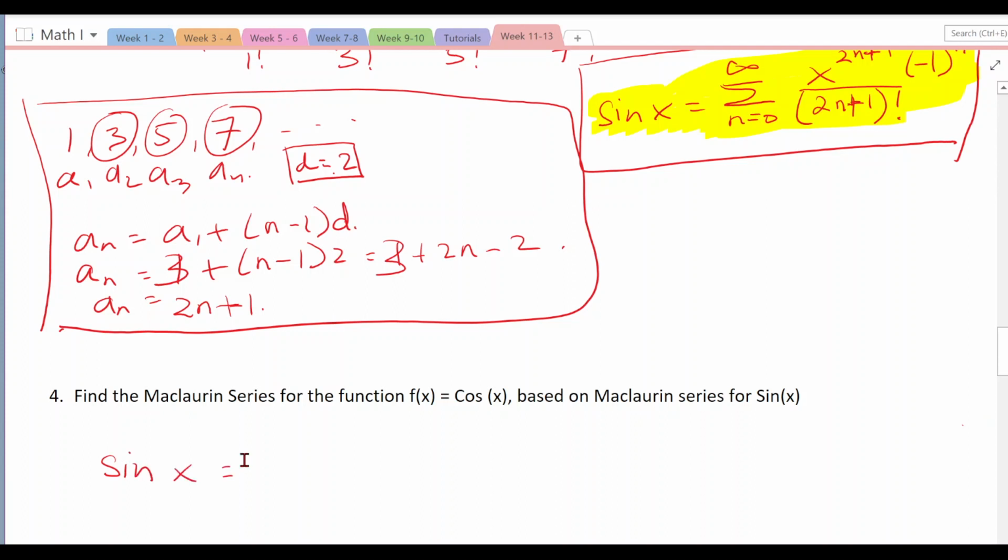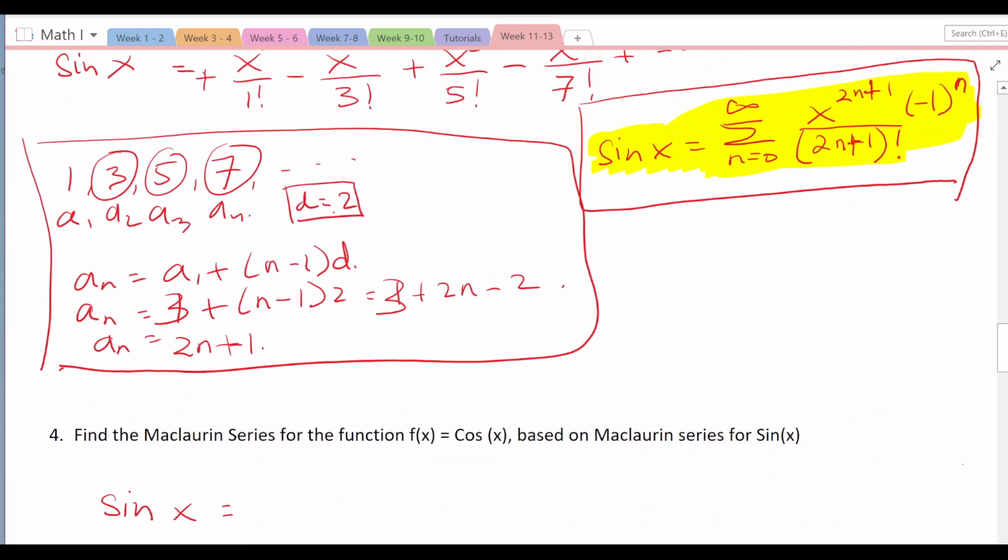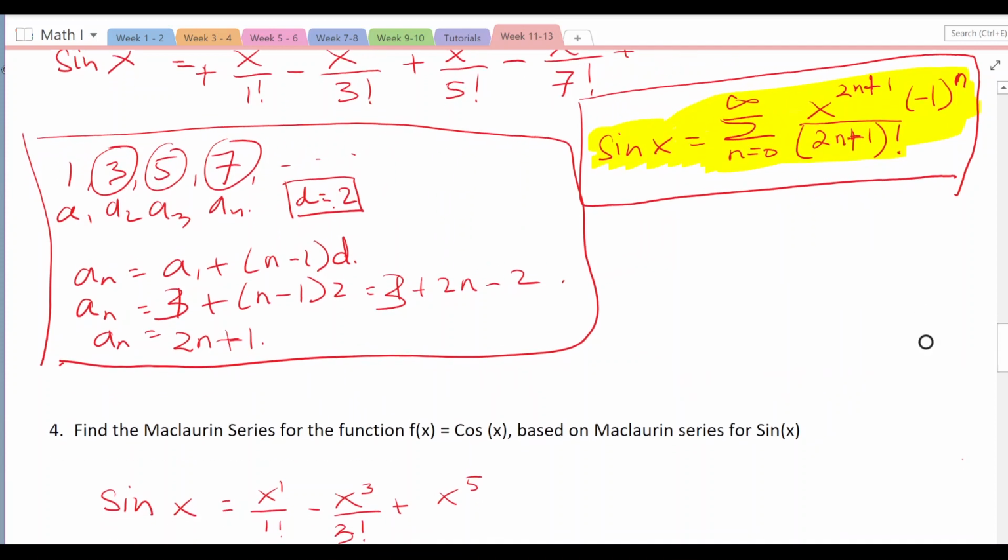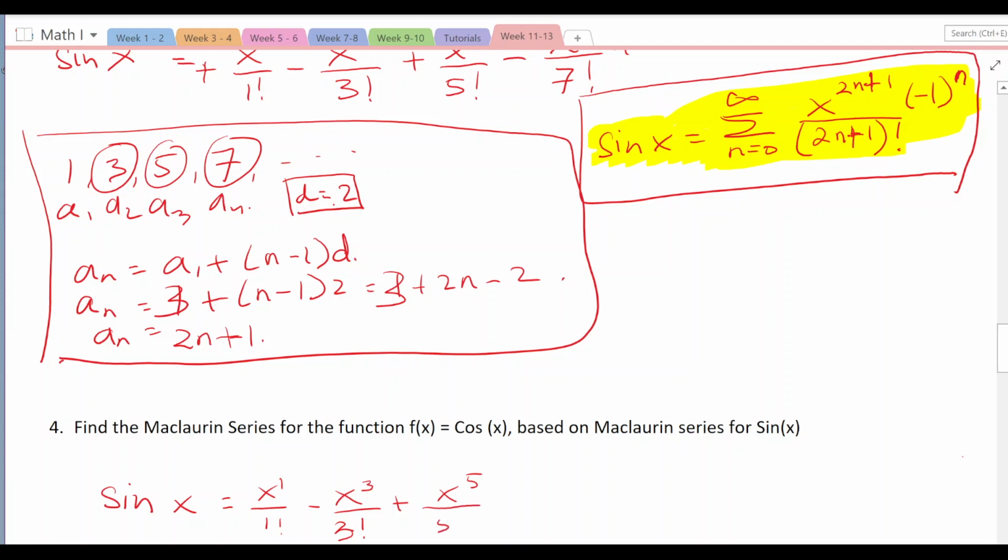This is the Maclaurin series of sin x, which we can rewrite in general form as simply x over 1 factorial, and then minus x to the power of 3 over 3 factorial, and then plus x to the power of 5 over 5 factorial, and then negative, alternating, x to the power of 7 all over 7 factorial, and then plus dot dot dot.